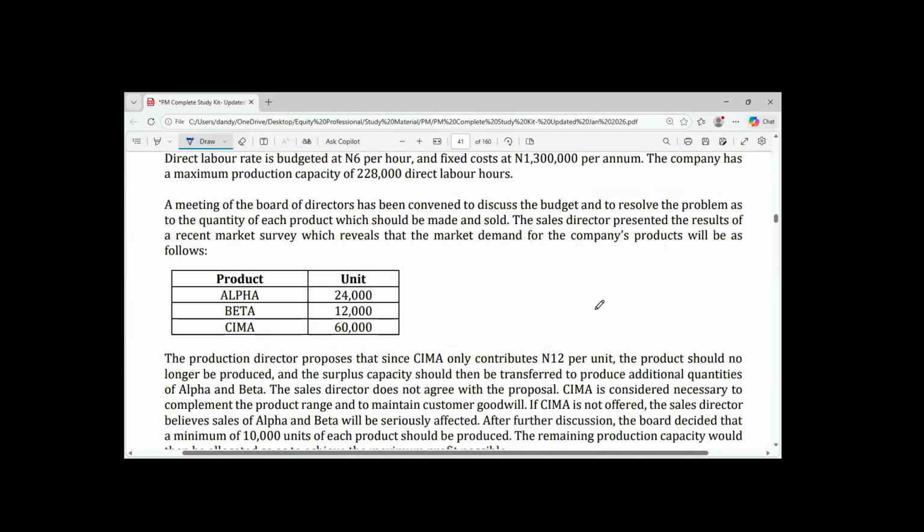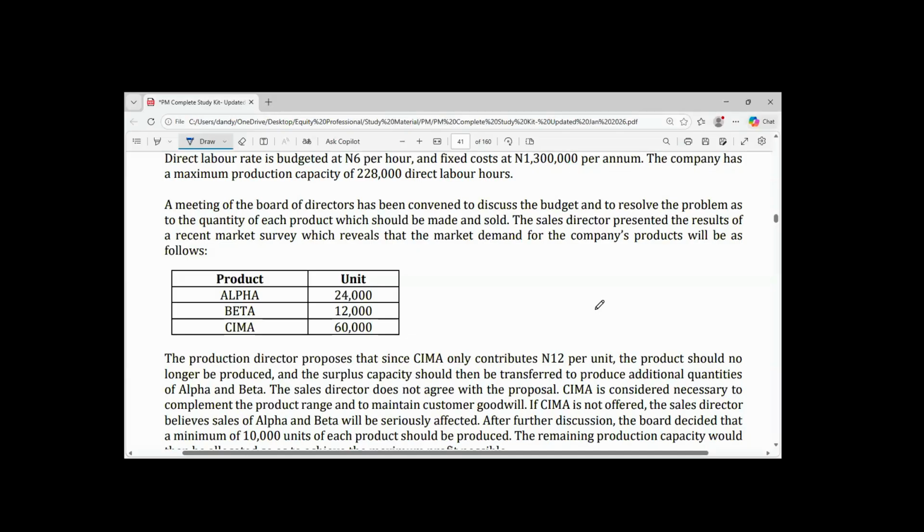Now, what we are saying is that because this step one is very key, oftentimes the examiner will tell you that raw material kilogram is not sufficient, labor hour is not sufficient. But at the end of the day, when you carry out this first step, you discover that there is a surplus.